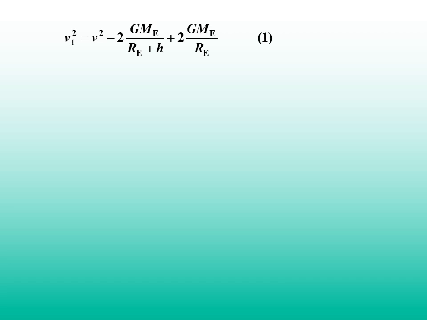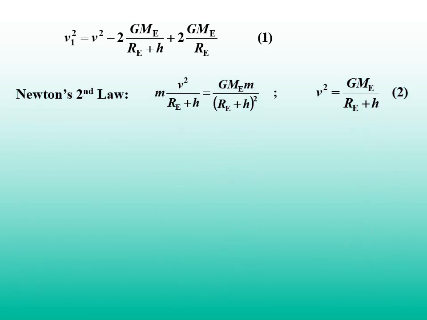We apply Newton's second law, F equals m a, to circular motion. The centripetal acceleration here is v squared over R_E plus h. The centripetal force is G M_E m divided by R_E plus h squared. So we have v squared equals G M_E divided by R_E plus h.